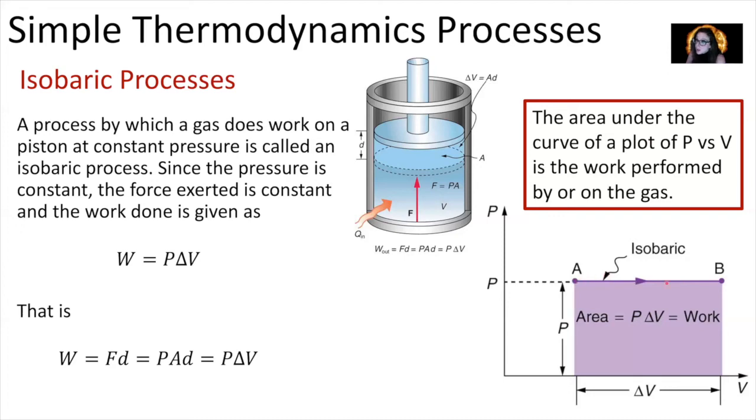We keep the pressure constant, but we're changing our volume. And the area underneath this P versus V diagram, or this purple shaded area here, is going to be the pressure times the change in volume. So that's this area here, and that's also equal to the work. So the work done by gas is equal to the area underneath the P versus V diagram.